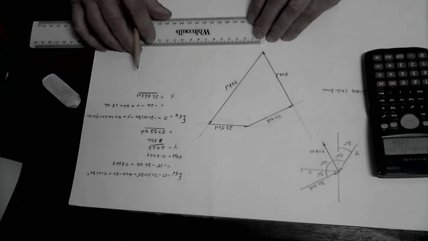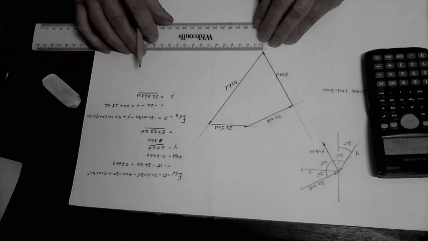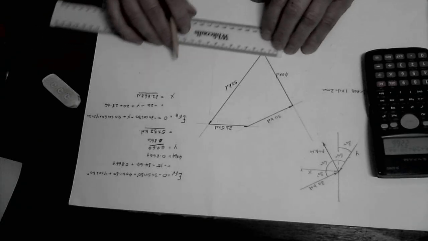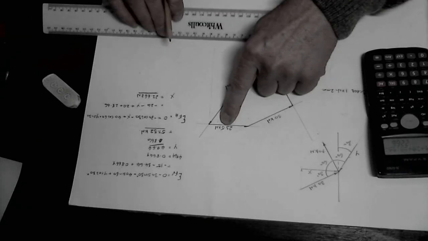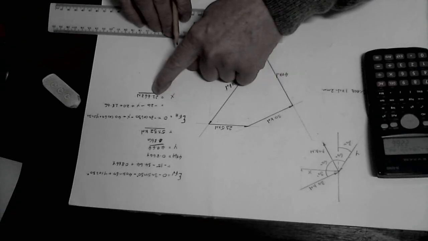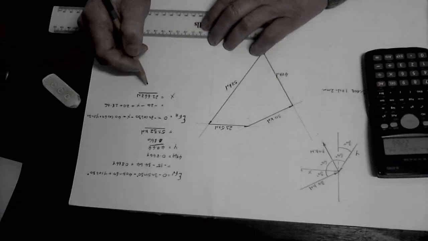So if we check it against our drawing, yeah, it's sort of in the ballpark. 23.5, 22.66. Yeah, that looks right.